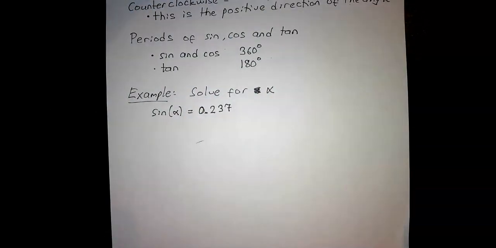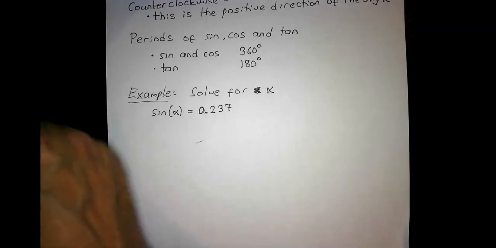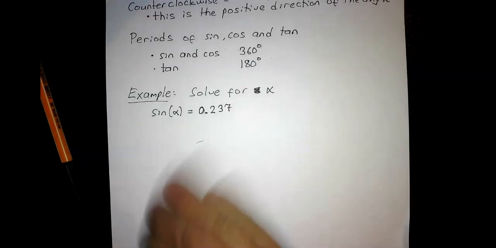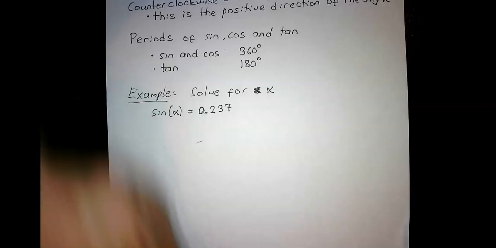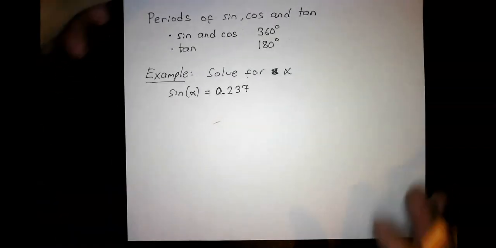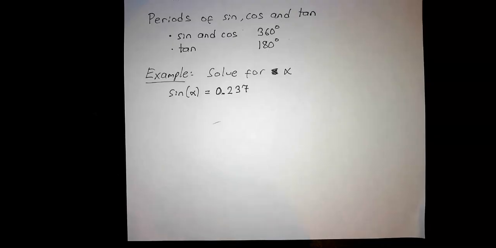And remember, this is not a triangle we are solving. This is not an angle of a triangle, but it is a solution of this equation. So the first step is always that we use some calculator or Excel, some calculator machine, which gives us one solution.